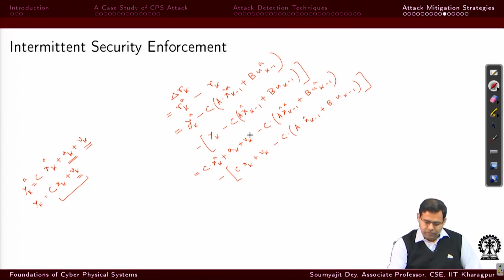As you can see, these terms will get cancelled out here, and you should be able to write something like this. So, you can see also here you have the estimates and the controls all in the k minus 1th step, and here you have x all in the kth step, right.